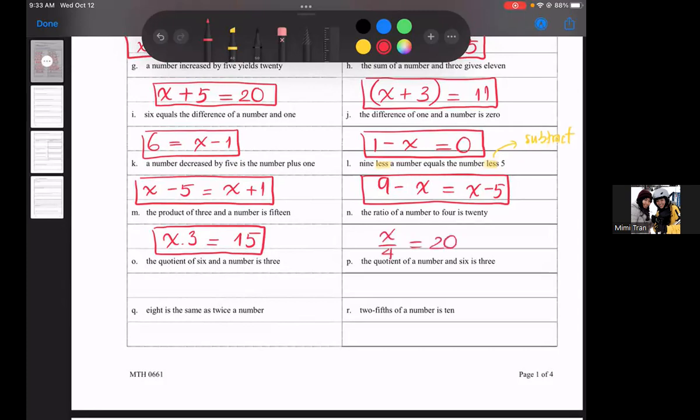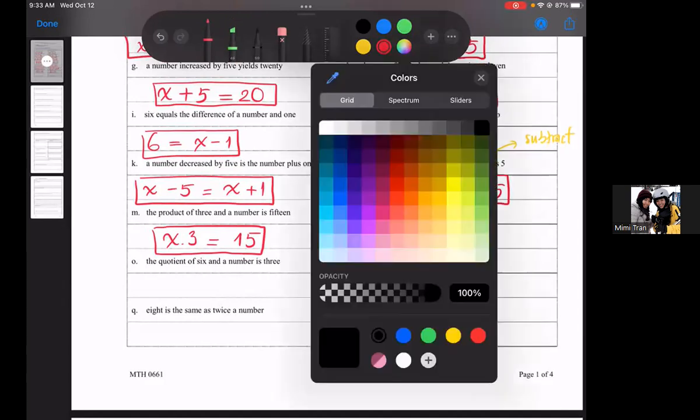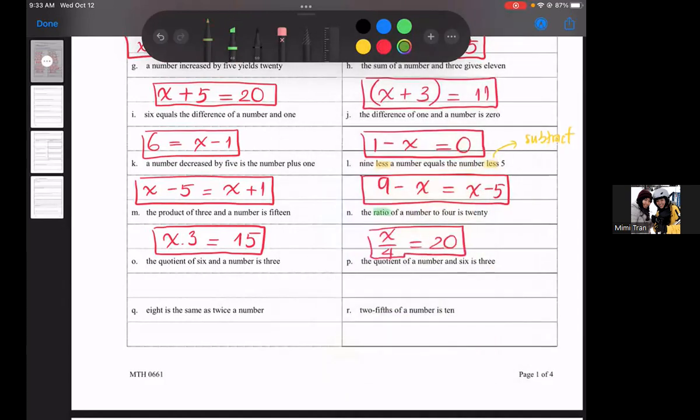Okay. Ratio means division. What does quotient mean? Quotient means the opposite of multiplication, division, right? A ratio and a quotient are the same thing. Quotient also means division.